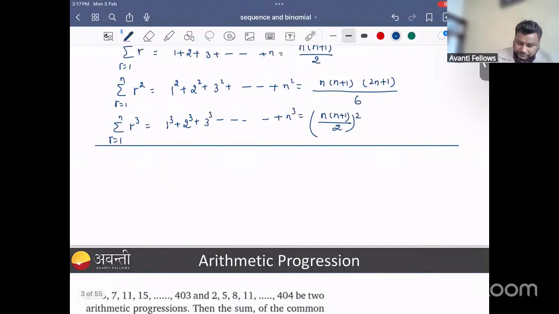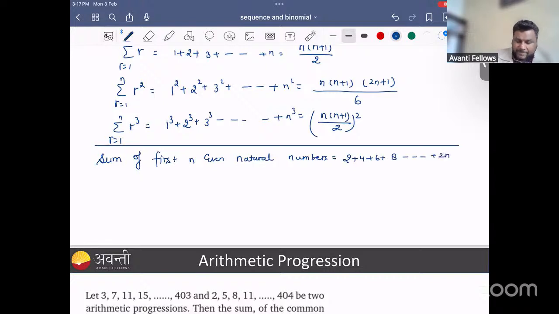Now, one or two more things to remember. Sum of first n even natural numbers, that is 2 plus 4 plus 6 plus 8 up to 2n. So this is equal to n into n plus 1.